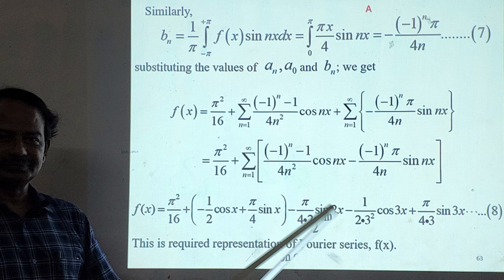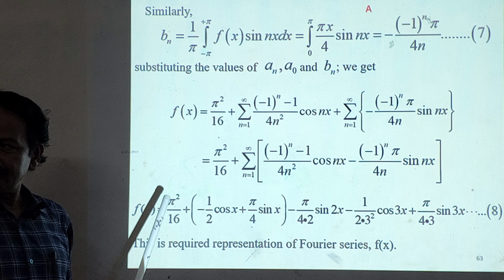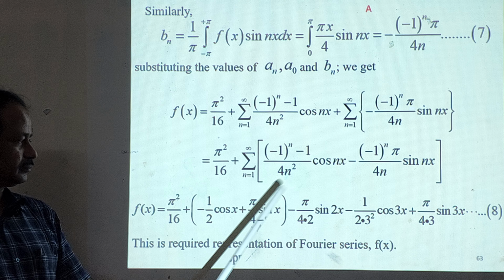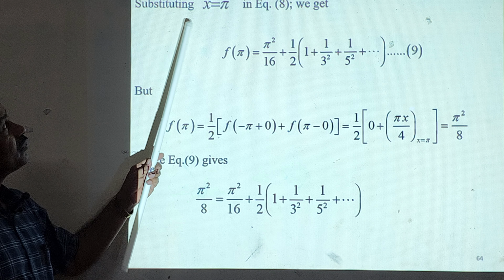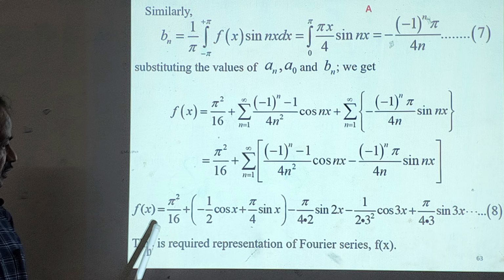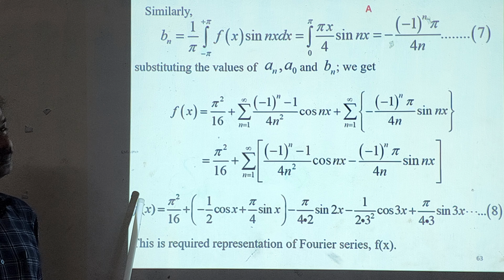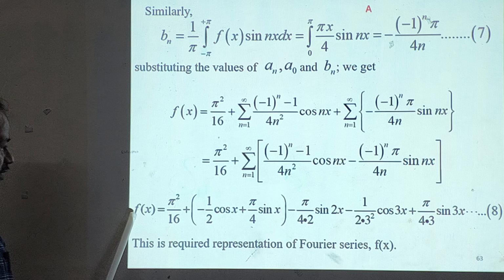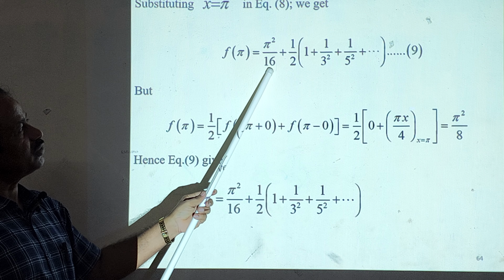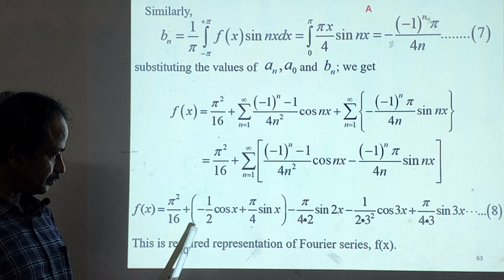So now we have expanded the Fourier series in terms of n equals 1, 2, 3 and so on. Now substitute x equal to pi here. So instead of f of x, you have to substitute f of pi. This becomes pi squared by 16, the first term.